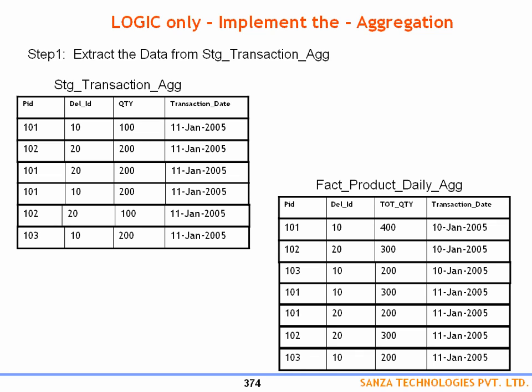So this is the normal aggregation of data we have done when we are loading back.